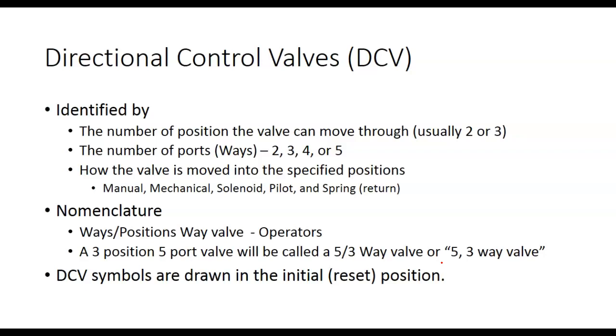We can have a 2-port valve or 2-way, 3-way, and you can see how it got that name, because those are the ways that the fluid can flow. These are just ports. So you usually have 2, 3, 4, or 5. We have all of those on our lines. How the valve is moved, we can be manual.